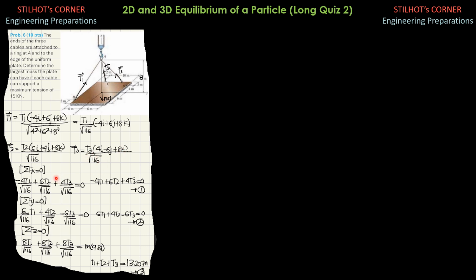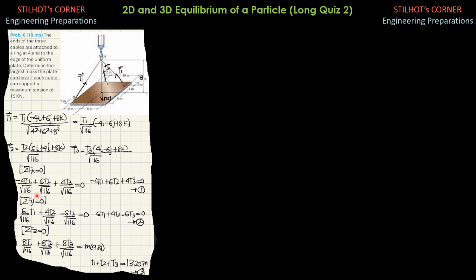We then apply the equilibrium equation, summation of forces in x equals 0. So for T1, it is negative 4 T1 over square root of 116, plus 6 T2 over square root of 116, plus 4 T3 over square root of 116 equals 0.